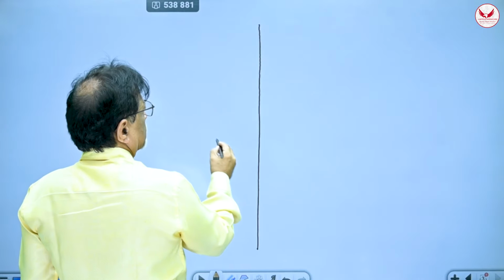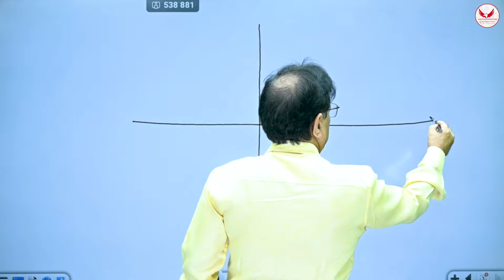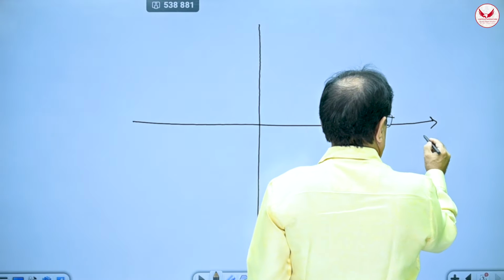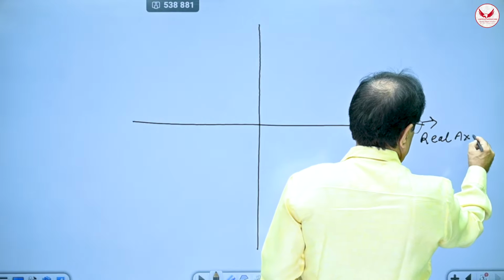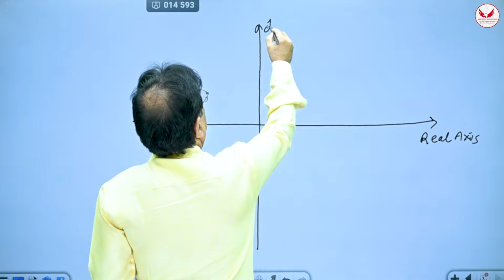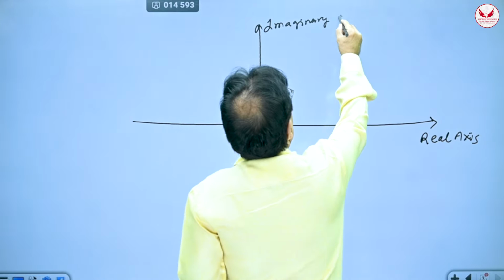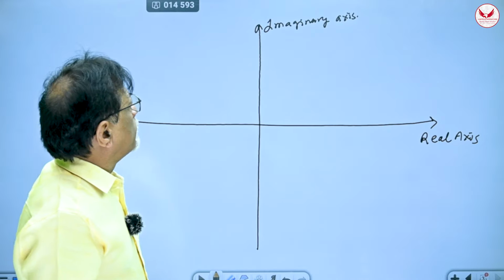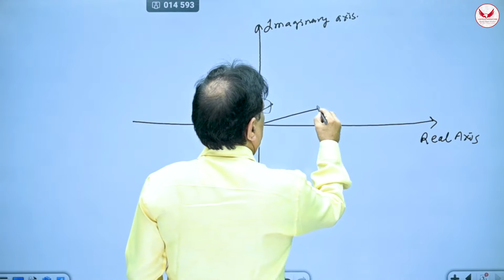So here is a y-axis, imaginary axis. This is called x-axis, but x-axis here is called real axis. This is actually y-axis, but we call it imaginary axis. Now, we are going to multiply two numbers. So let us take two complex numbers.